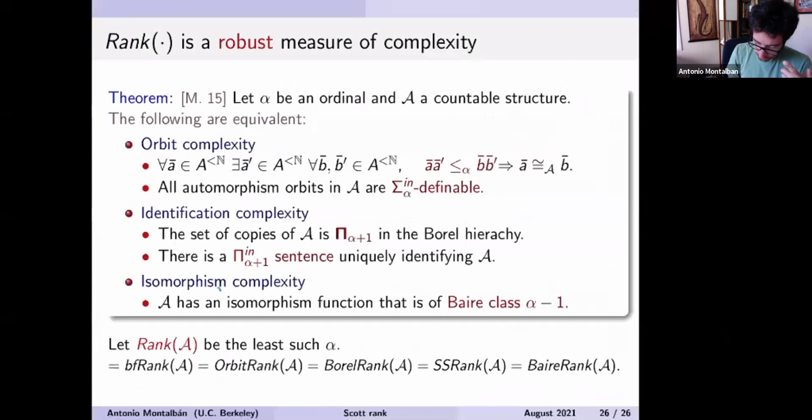Right, so having Scott rank alpha is the same as an isomorphism of Baire class alpha.